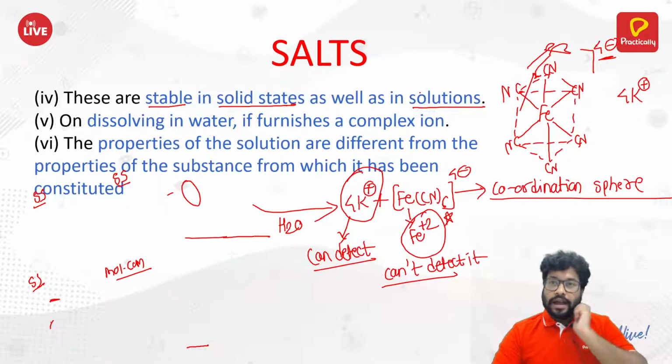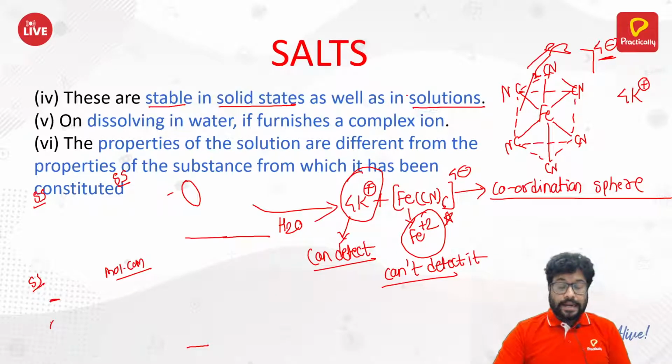As far as double salts are concerned, what was the double salt thing? Double salts were stable only in a solid state. As soon as you try to dissolve them in water, they get dissociated completely. But for a complex salt, it doesn't happen. Complex salts are stable in solid state as well as in solution.